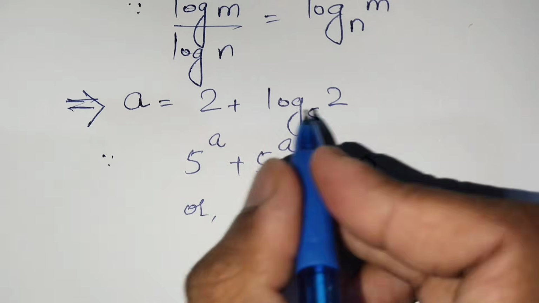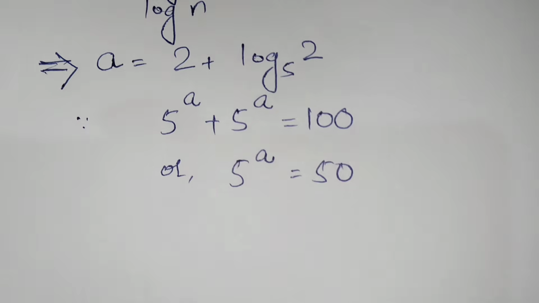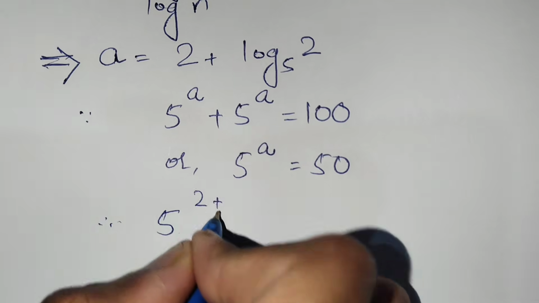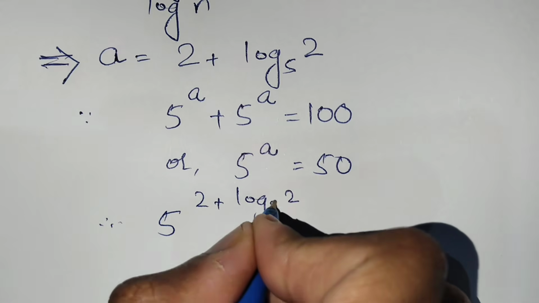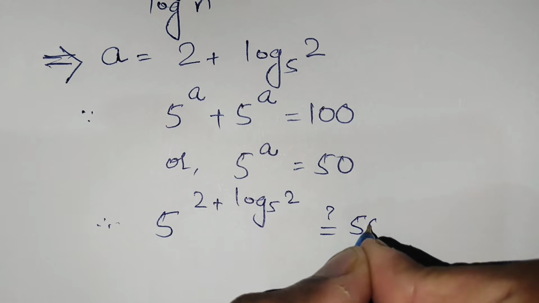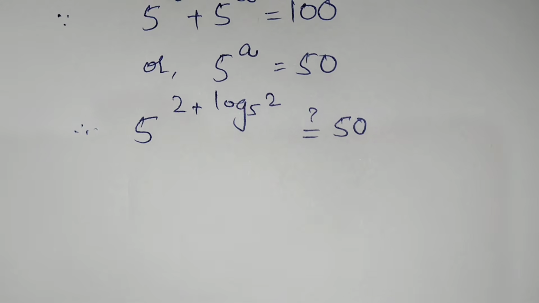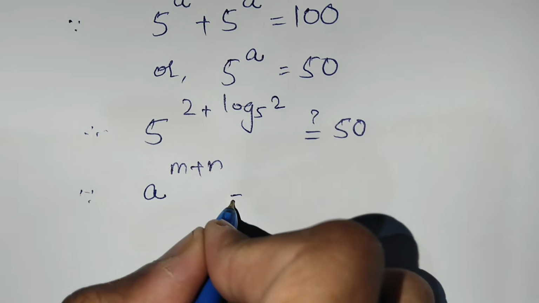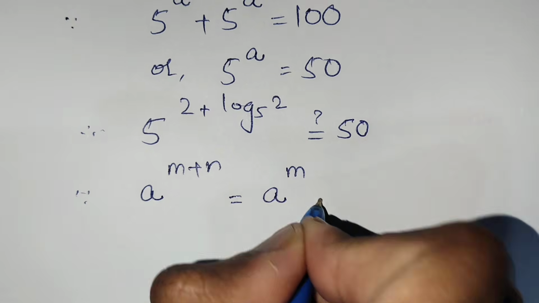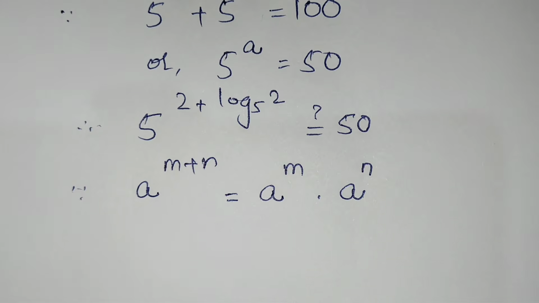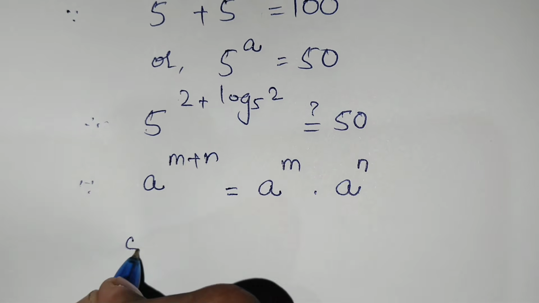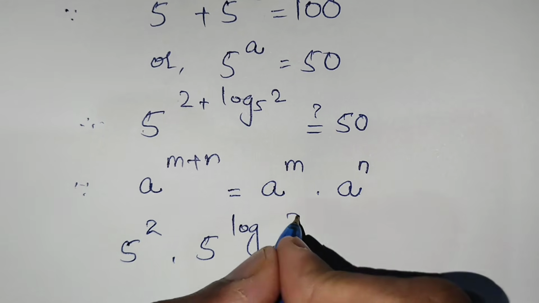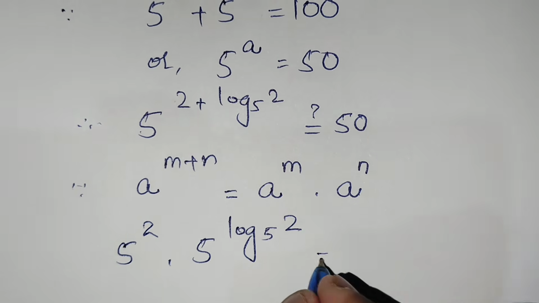Put the value of a here in the exponent, that is 5^(2 + log of 2 to the base 5) equals 50. Now we will use a formula here: a^(m+n) is equal to a^m times a^n. So it will be 5^2 times 5^(log of 2 to the base 5) equals 50.